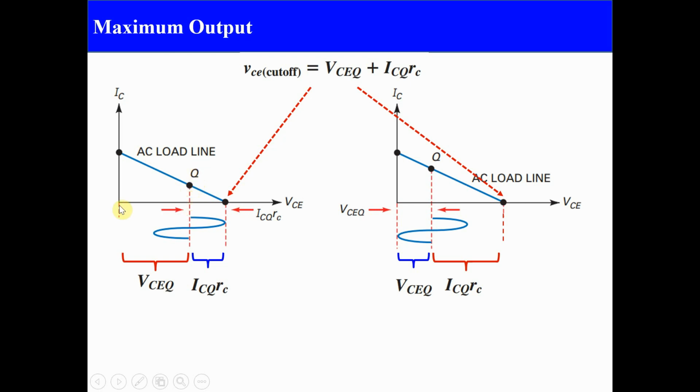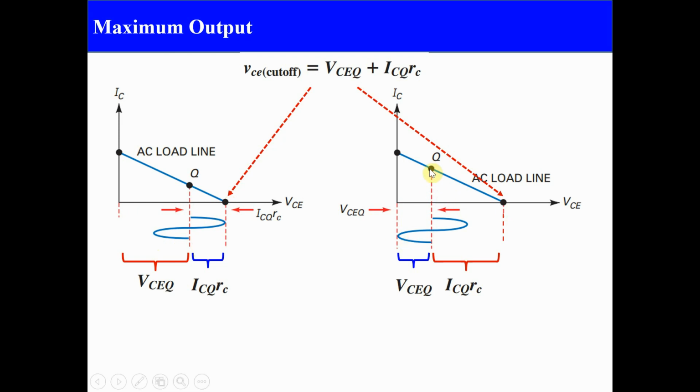VCQ is on the x-axis, so from 0 to the position of the Q point on the x-axis, it represents VCQ, and the rest is ICQ into RC, because this point is VC cutoff, and VC cutoff is equal to VCQ plus ICQ into RC, right? So from 0 to Q it is VCQ, then from Q to the cutoff point it is ICQ into RC. Whichever is smaller, that would be the maximum undistorted output.